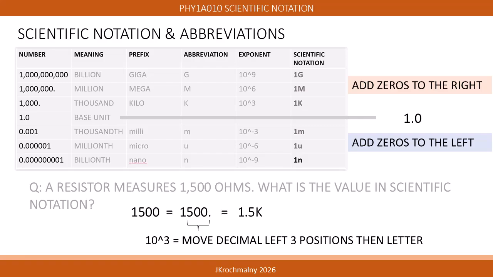Notice that 1,000 of something involves a scientific notation of 10 to the third power, or involves 3 zeros. In this example, the decimal of 1500.0 is moved 3 positions to the left, resulting in 1.5. Adding the capital letter of K indicates that the 1.5 is in thousands.